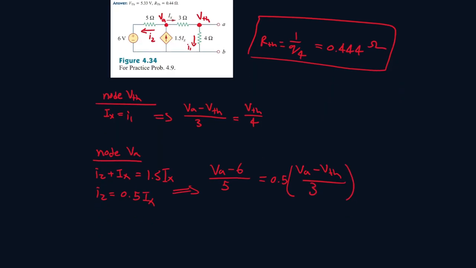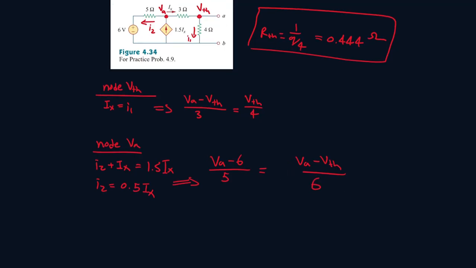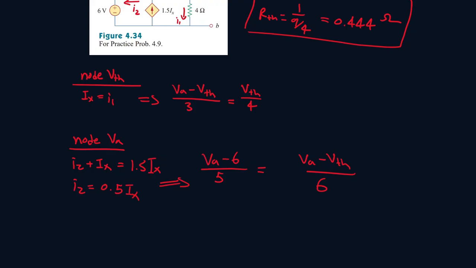Okay, and 0.5, that's just 1 over 2, and 2 times 3, that's just 6. Now we have enough to solve, so let's isolate for VA first.